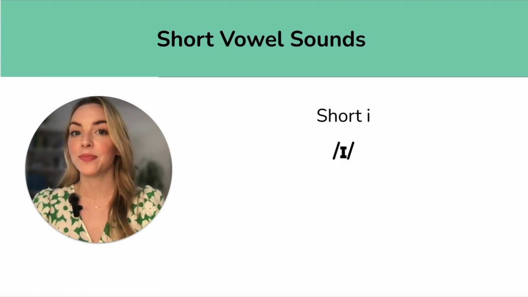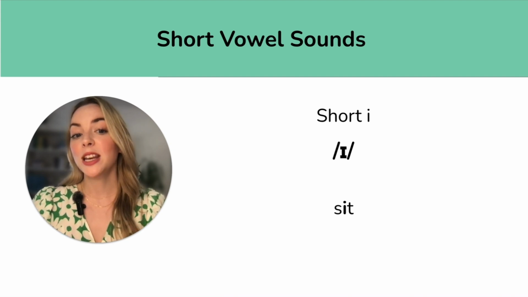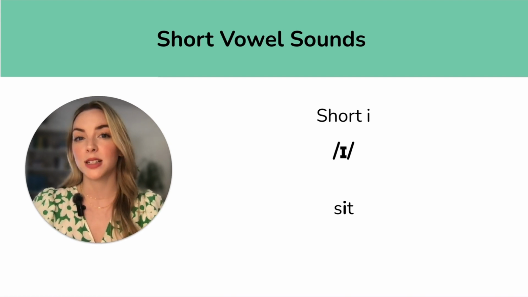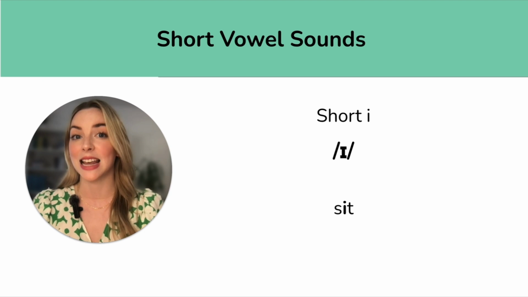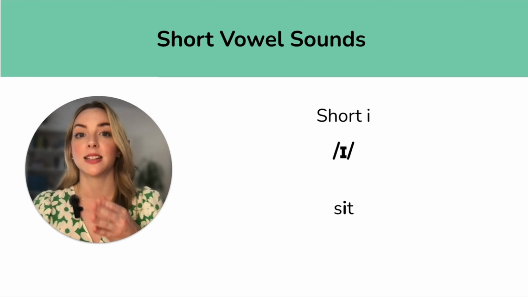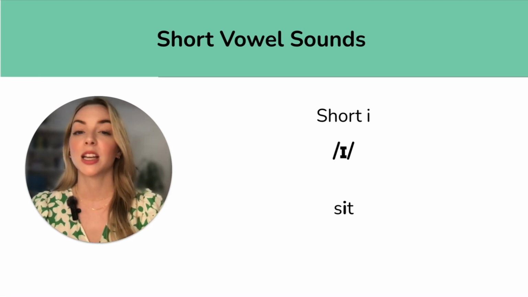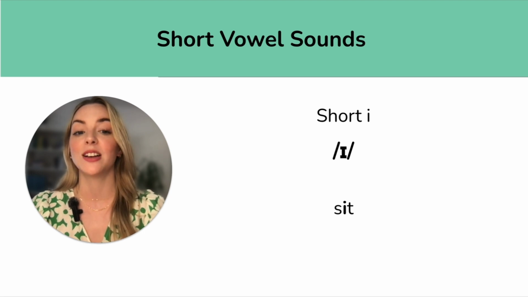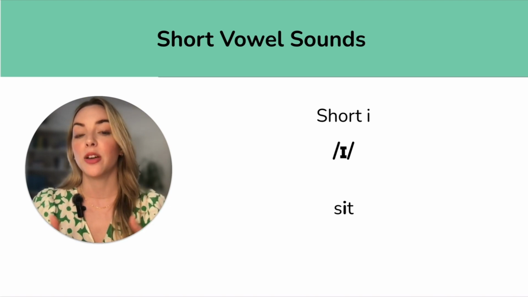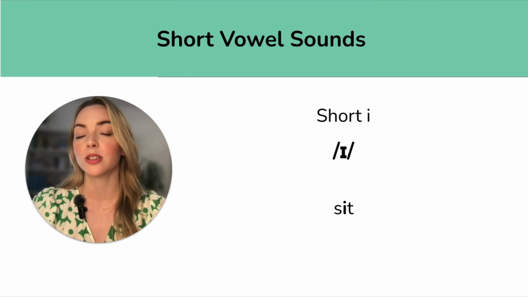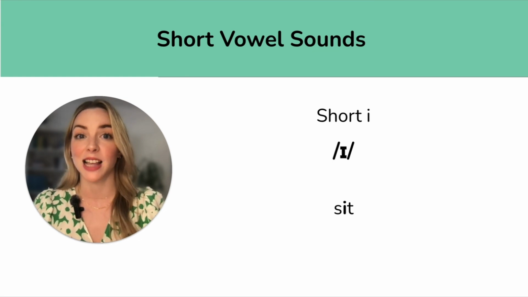Short I, as in the word sit. Sit. Now, when you see a word formed similar to the word sit, so consonant, vowel, consonant, you can pretty accurately assume that the vowel takes the short form that matches that letter.